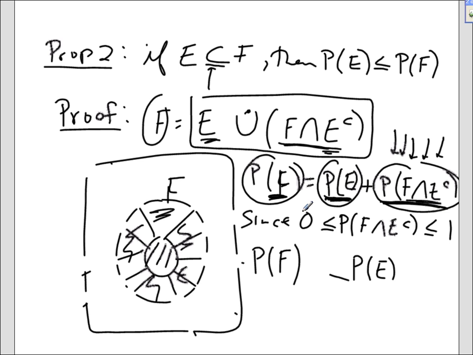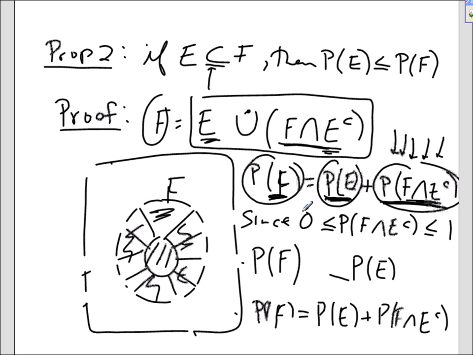Let me just write it down here for a moment. P of F, not P of E, P of F is known to be equal to P of E plus P of F and E complement.